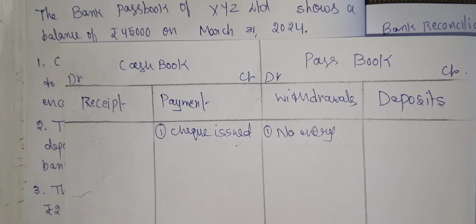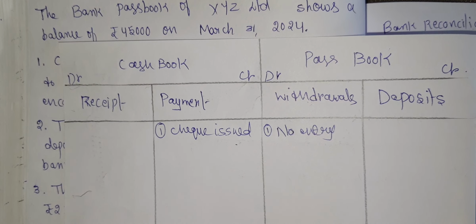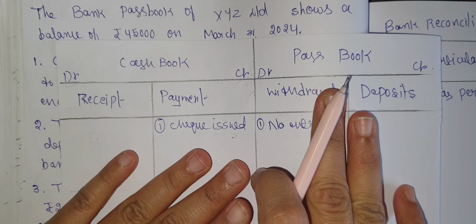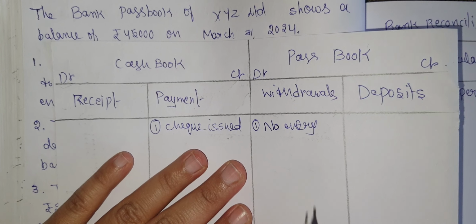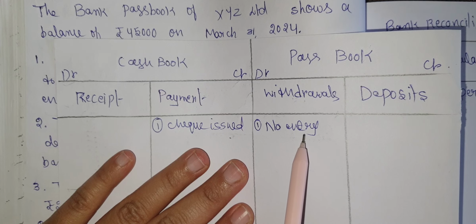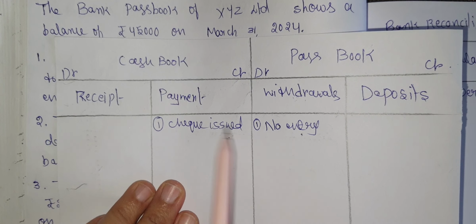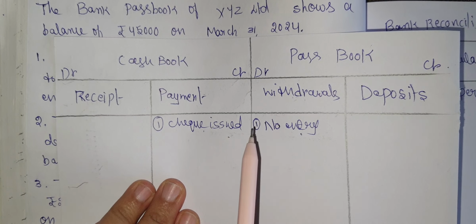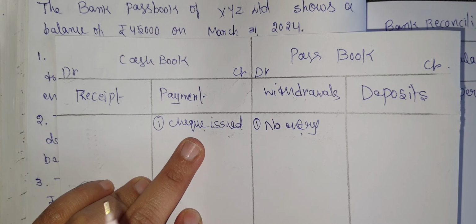And what is our second step? The second step is comparison of cash book and passbook. See here, the bank balance of the passbook is not changed, but the cash book of XYZ Limited is changed because they issued the check.